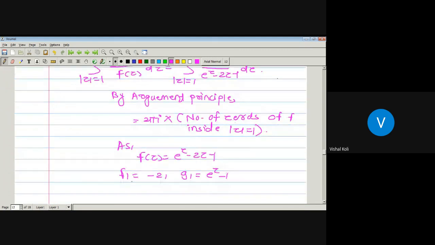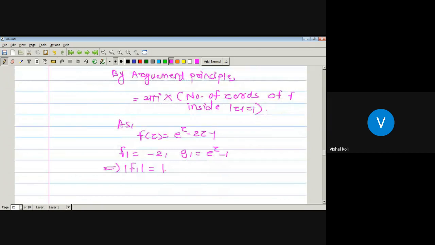Which implies modulus of f1 is equal to modulus of minus 2z, which is 2, and modulus of g1 is e to the power z minus 1. It can be written as the integration from 0 to z of e to the power u du. Whenever we find this integral, we get e to the power u, and on putting the limits we get e to the power z minus 1. But here mod z is equal to 1, so 0 to 1 of e to the power u du.